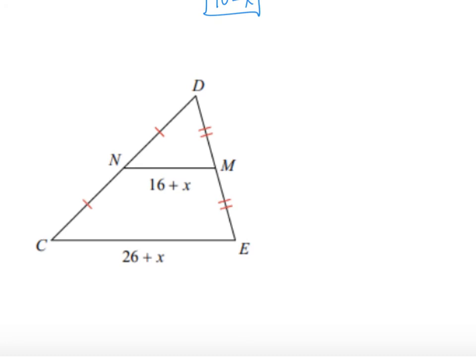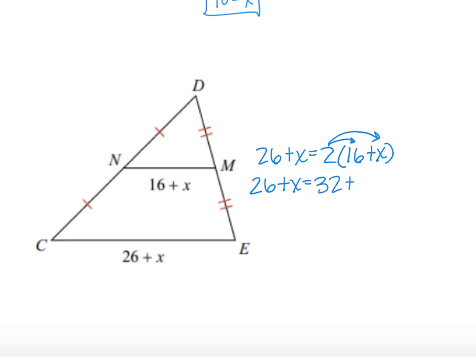So the long side of the triangle equals 2 times the midsegment. Distribute the 2. Whoops, I almost forgot to distribute the 2.